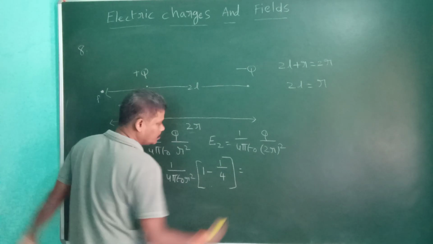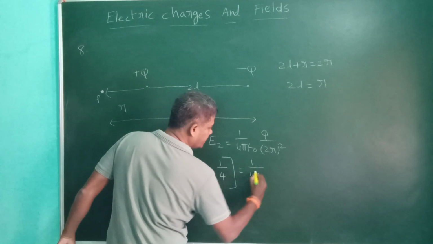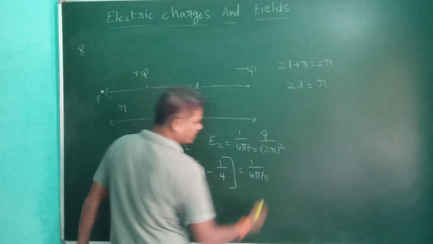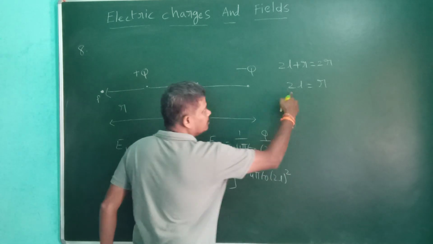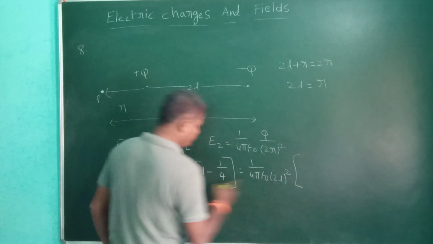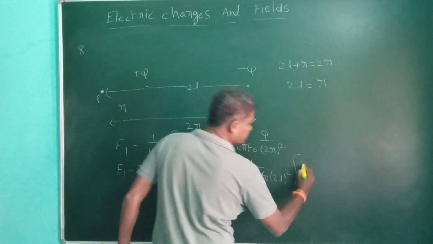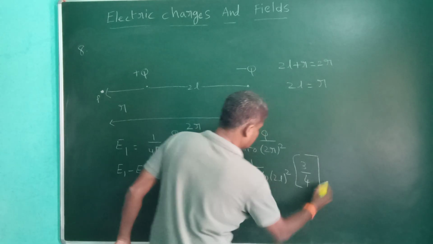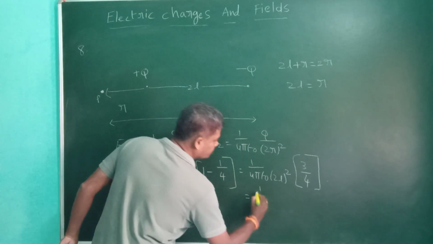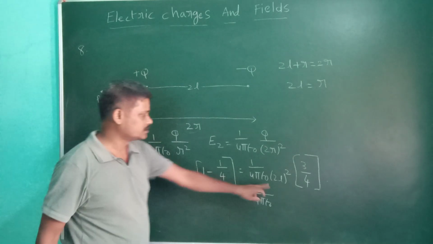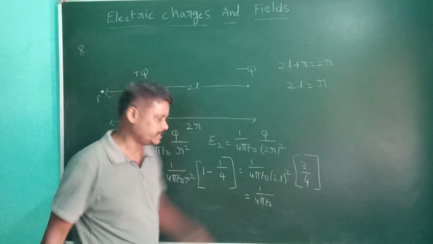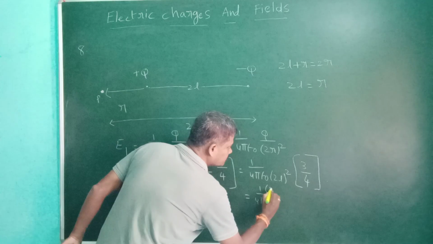R square is 2L whole square, into 4 minus 1 is 3 divided by 4, that is Q by 4 pi epsilon naught, 2L square is 4L square. 4L square into 4 is 16.